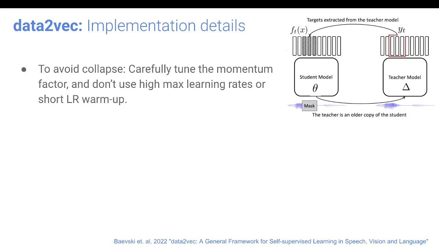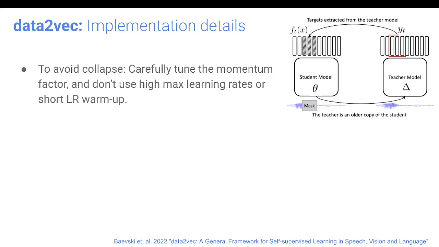But there are a couple of implementation details here to ensure stability of learning. One, you need to carefully tune the momentum factor tau. Otherwise, if the teacher model is tracking the student model too closely, you will again have this collapse in learning. You need to control how far the teacher and student models are tracking each other at the beginning of learning versus the end of learning. The other one is you do not want to use high learning rates to train your model, because again, you don't want the student model to be changing so fast.